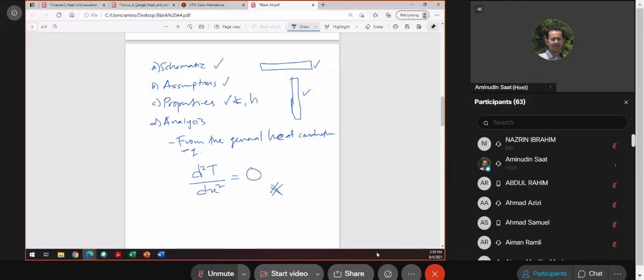This is common for the one-dimensional case.